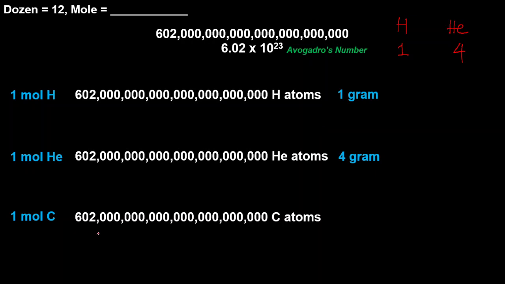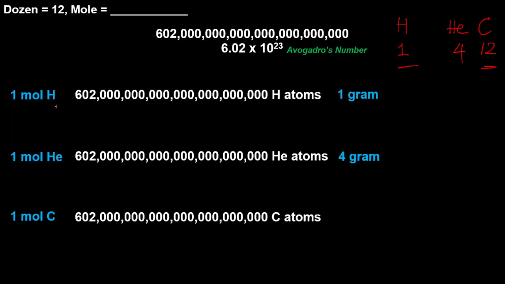Then for carbon, what do you think is the mass of carbon? If you look at the table of elements, the mass of carbon is approximately 12. So if you compare the mass of hydrogen and carbon, you can say that carbon is 12 times heavier compared to hydrogen.